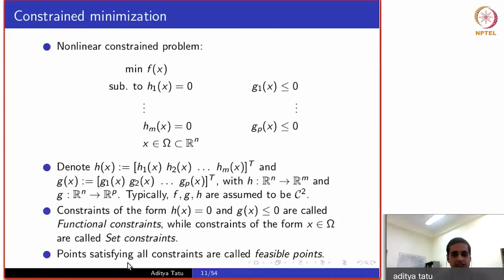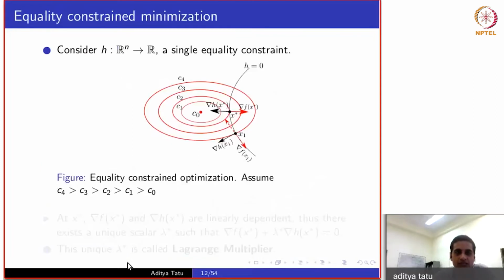It will have equality constraints, inequality constraints, set constraints, everything. So let's first look at only equality constraint minimization. You are given only one equality constraint h from Rn to R, and you are asked to minimize the function f such that the point of minima satisfies h(x) equals 0.